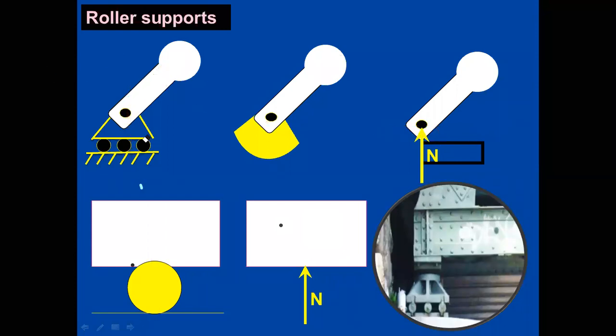Whenever we deal with the roller support, always remember that one vertical reaction will always develop in the roller support.